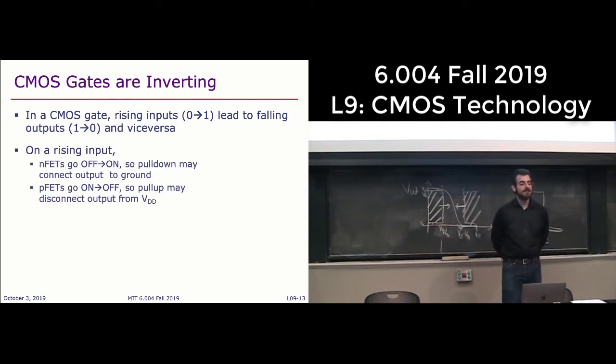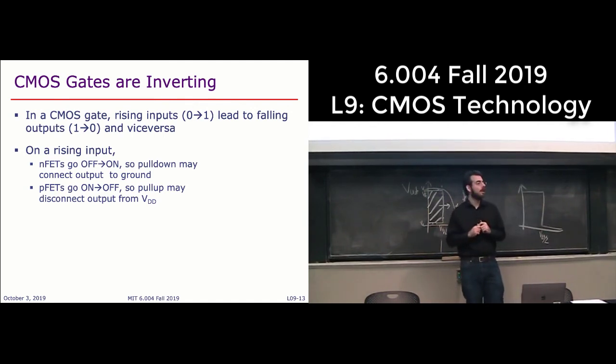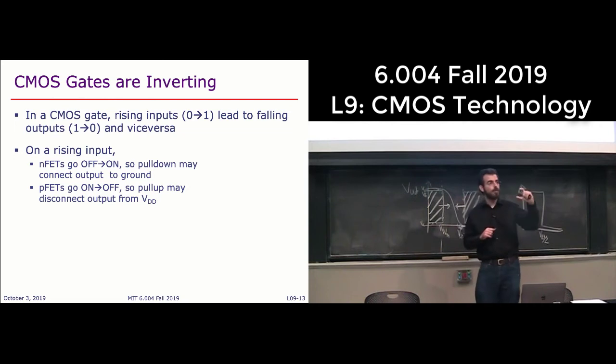Let's see why. If one of your inputs goes from 0 to 1 and the other inputs stay the same, what is going to happen? Well, some nFETs are going to go from off to on. So now the pull-down might go from not connecting the output to ground to doing that.